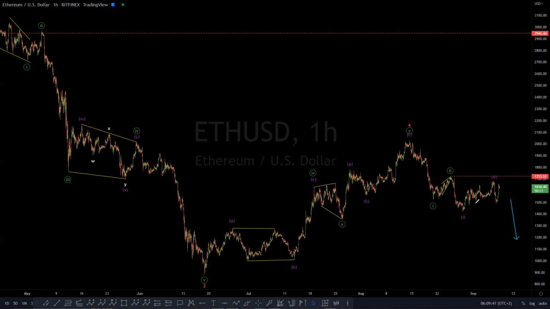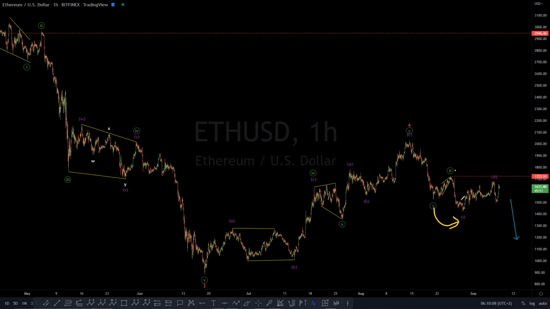What happens if price breaks above this peak, the invalidation level? What happens in that instance is a review of the structure, in which case wave 1 in green would very likely be in that area there.